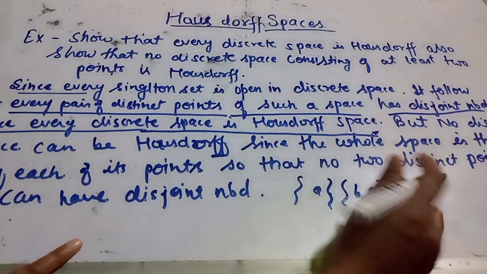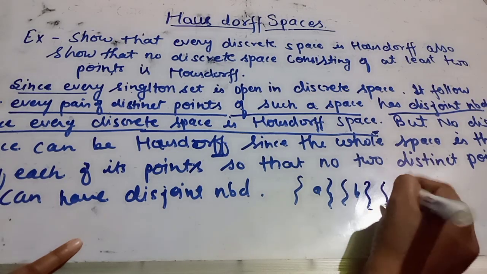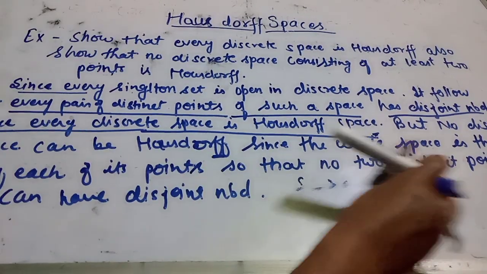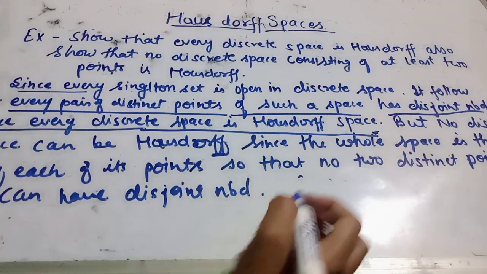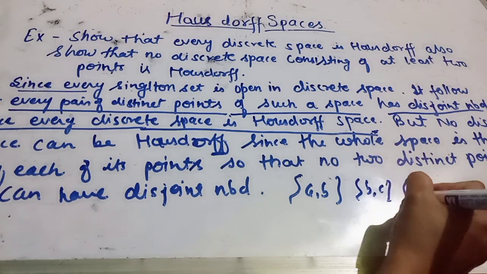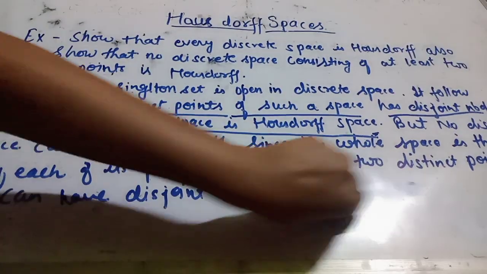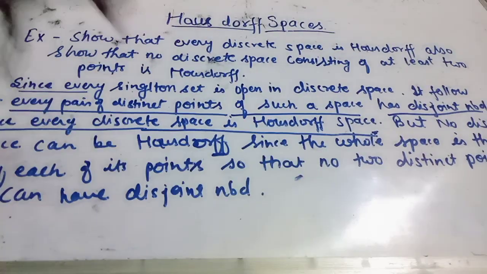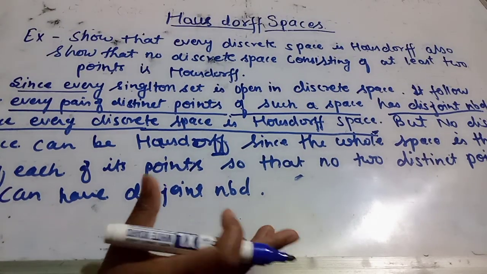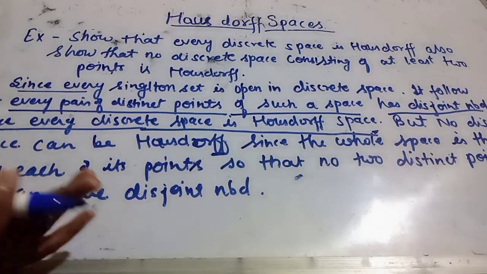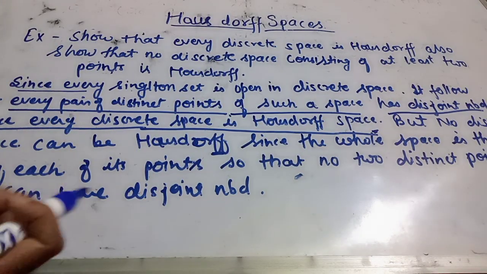If you exclude the singleton sets, then you have some other sets, and if you take neighborhoods of these distinct points, you also get disjoint neighborhoods for those points, right? So that's why the Hausdorff space condition is satisfied here.